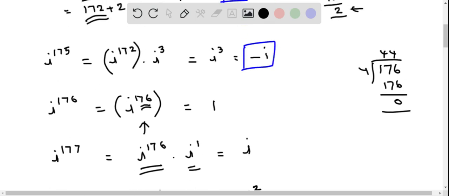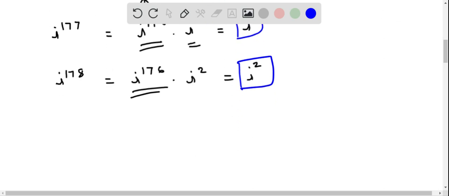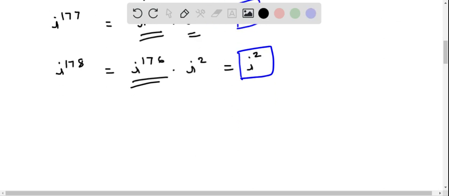So we have to add all these values. Therefore, the value of this expression, we'll do the addition.